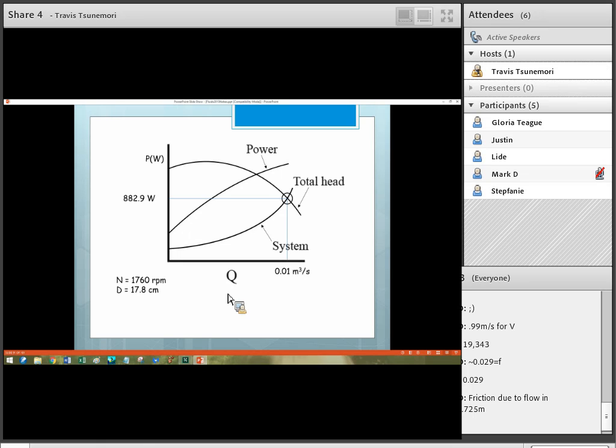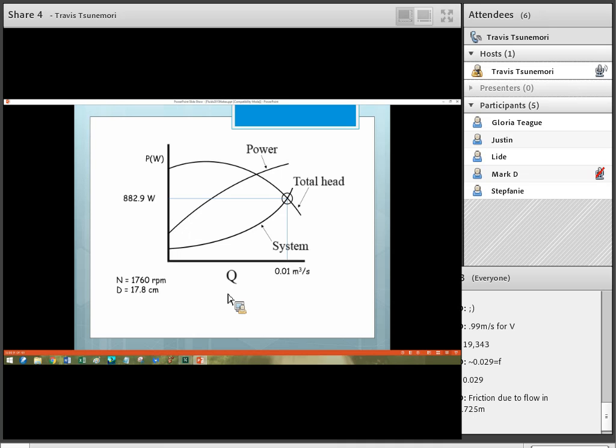So the pump affinity laws are given to us in a couple different places in the textbook. They're given on page 106. Basically, if you know one set of properties for the original pump, and you have the second set of properties for the situation that you want to create, you can solve for the missing variable.